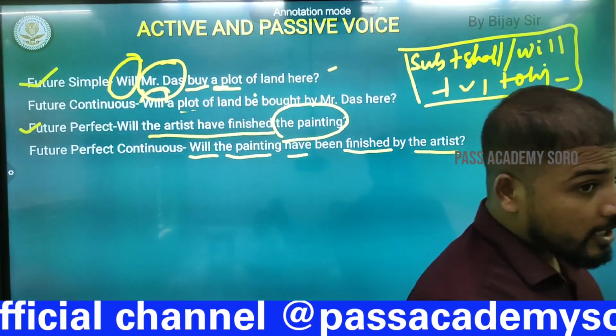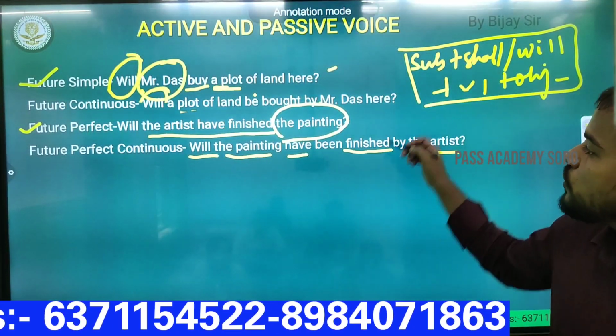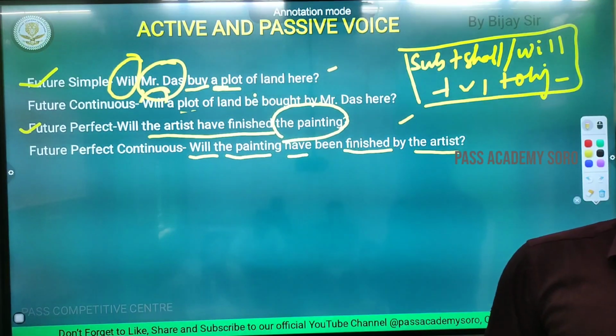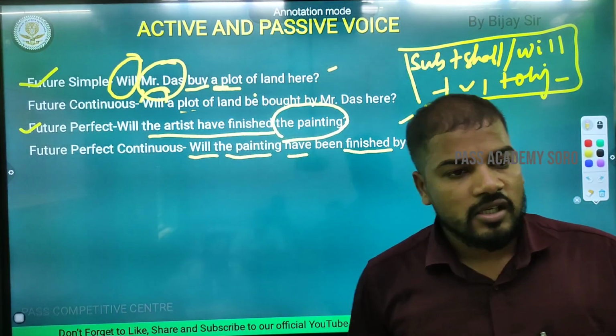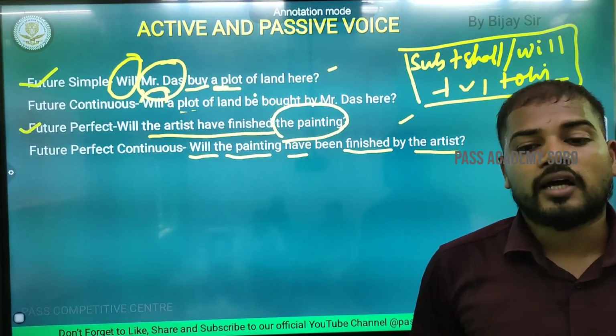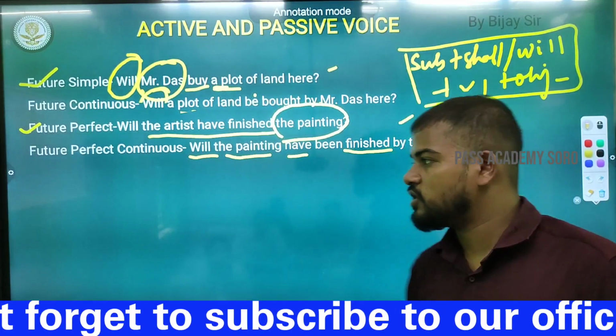Now we have already learned how to change a declarative sentence and an interrogative sentence into passive voice. Now we have two more types of sentence: how to change an imperative sentence into passive voice and how to change an exclamatory sentence into passive voice, dear students.